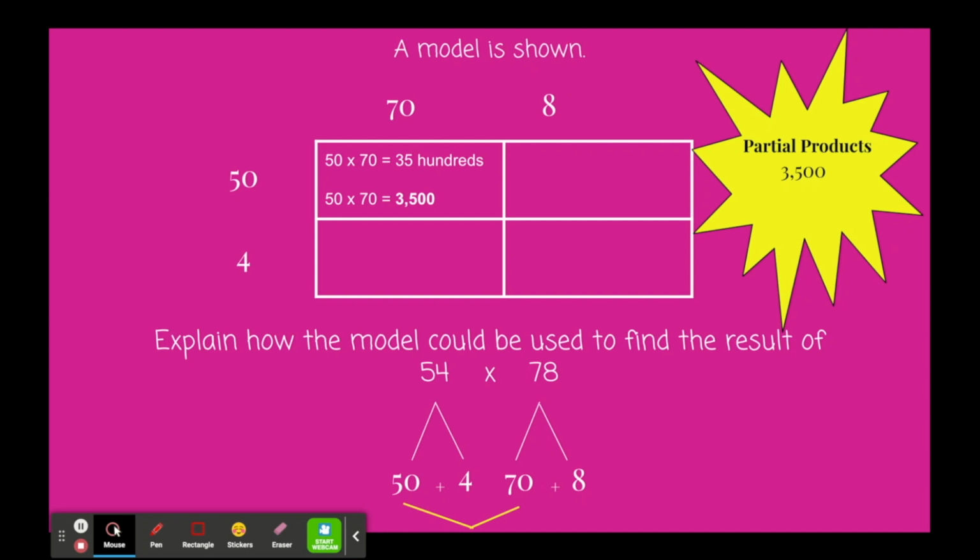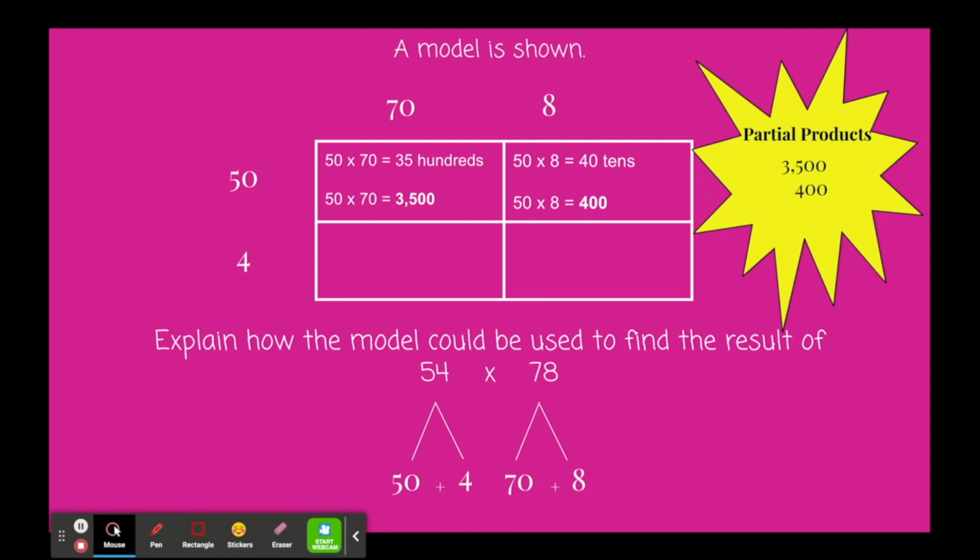So 50 times 70, like I said, and now we move on to our next partial product. 50 times 8 equals 400. Now we still have 2 more boxes to fill in our area model for our partial products.